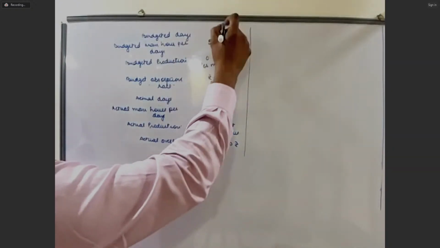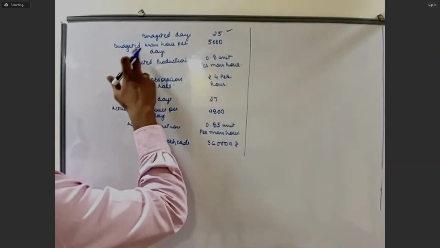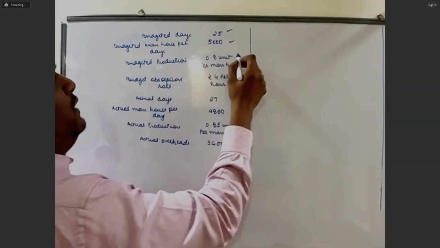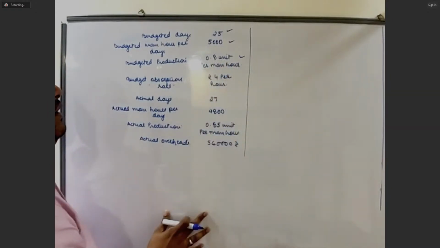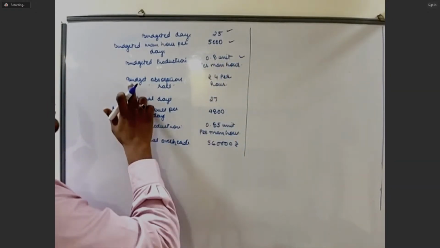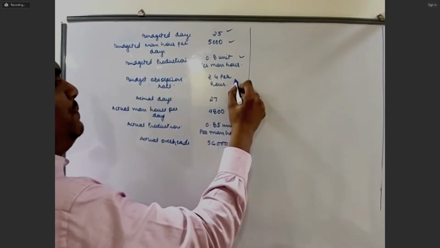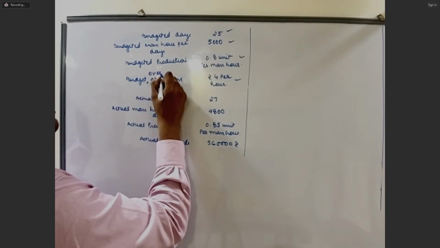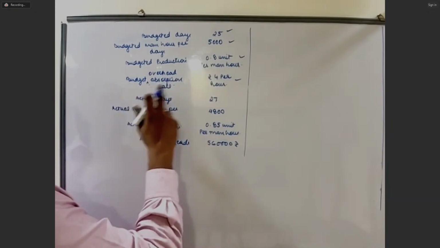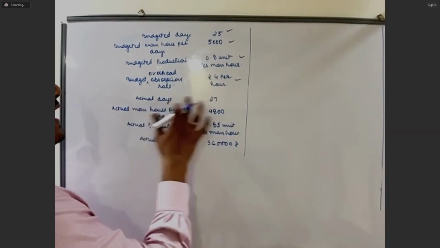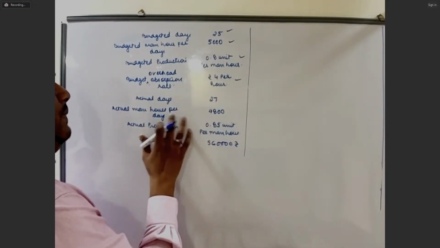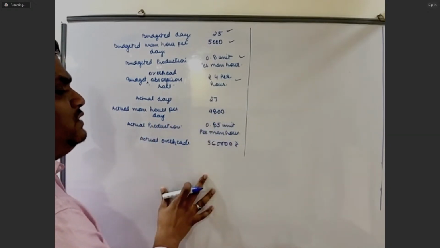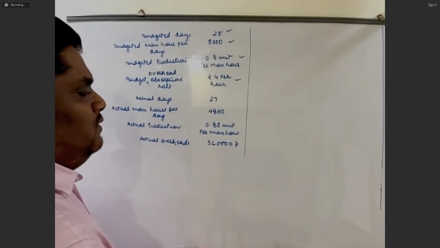The budgeted days are 25, budgeted man hours per day 5,000, budgeted production is 0.8 unit per man hour, budgeted overhead absorption rate is ₹4 per hour, actual days are 27, actual man hours per day is 4,800, actual production is 0.85 units per man hour, and actual overheads.